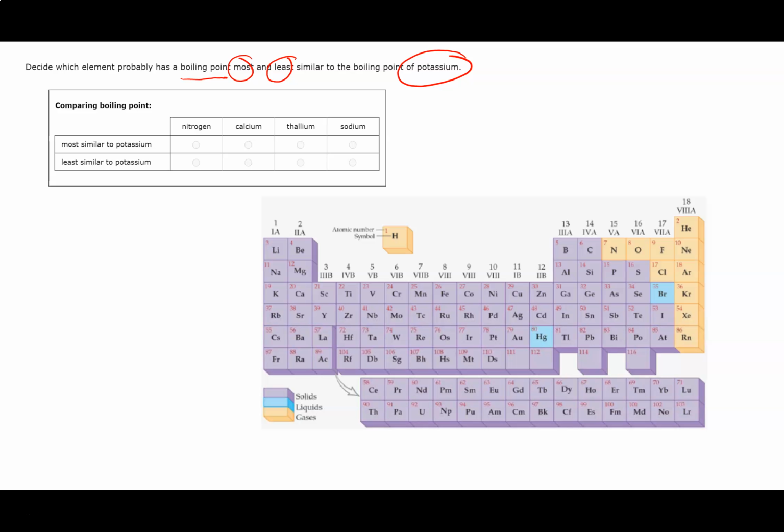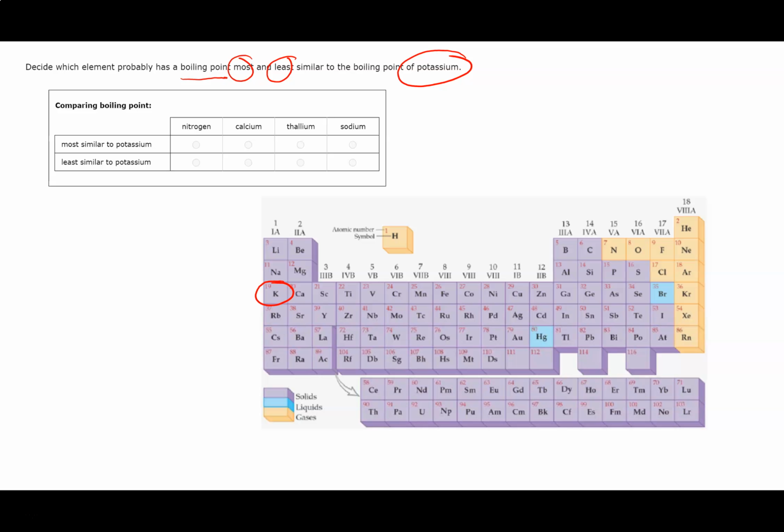So when we're asking for something that has the boiling point most similar to potassium, we're looking for an element that is close to potassium, and preferably in the same group, because elements that are in the same group are most similar to one another.